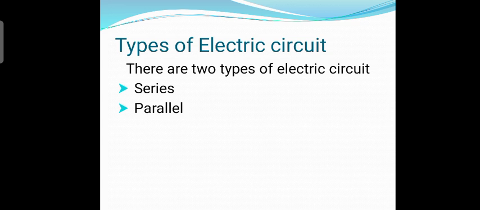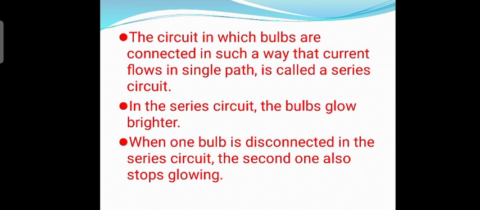There are two types of electric circuit, series as well as parallel. The circuit in which bulbs are connected in such a way that current flows in a single path is called a series circuit. In the series circuit, the bulb glows brighter.